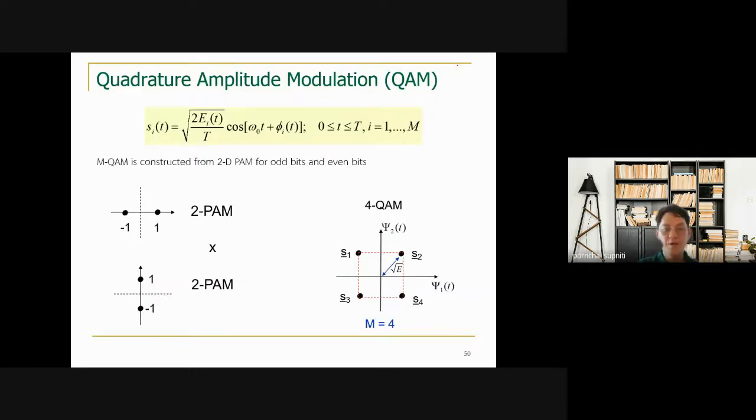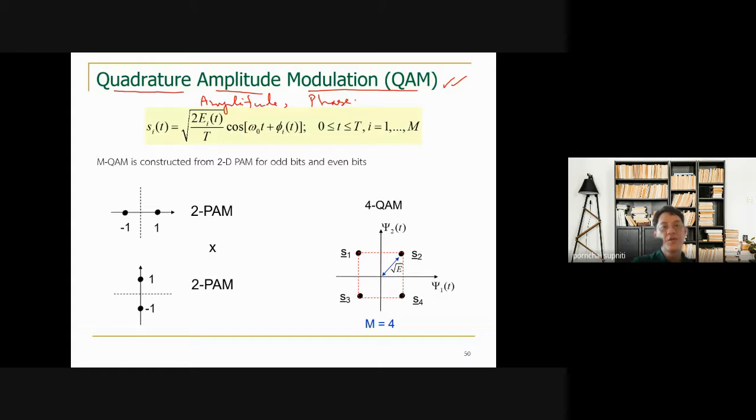Okay, so let's take a look at the remaining topic that we left out last time, and this is the last modulation scheme that we will look at, which is called Quadrature Amplitude Modulation, or QAM. For this type of modulation scheme, they modulate amplitude and phases together.